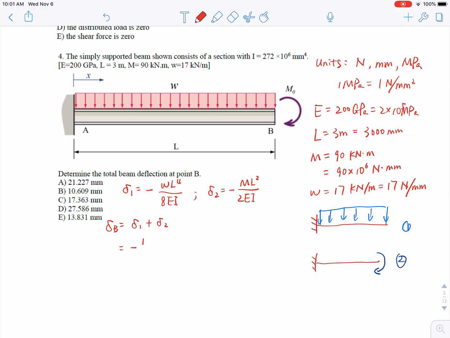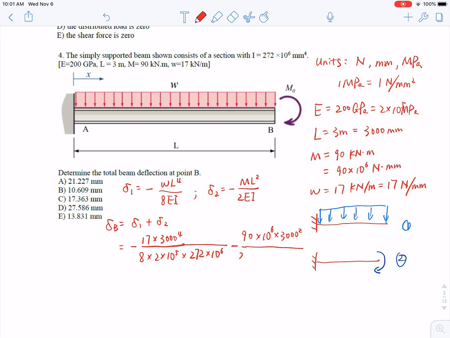That will be negative 17 by 3,000 to the 4th over 8 by 2 by 10 to the 5th by 272 million, minus 90 by 10 to the 6th by 3,000 squared over 2 by 2 by 10 to the 5th by 272 million.